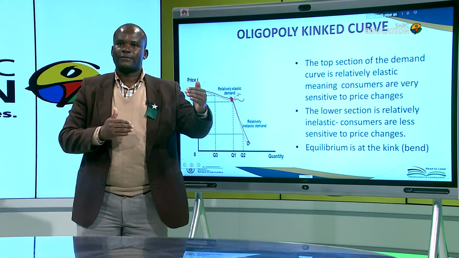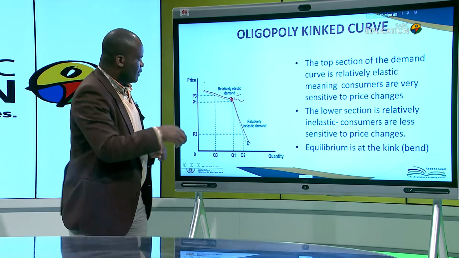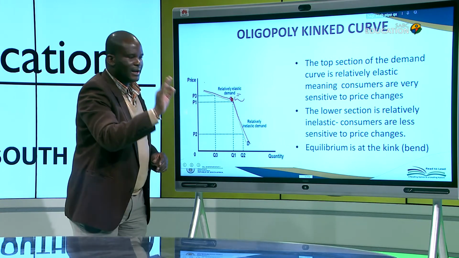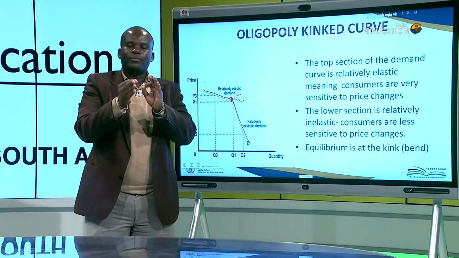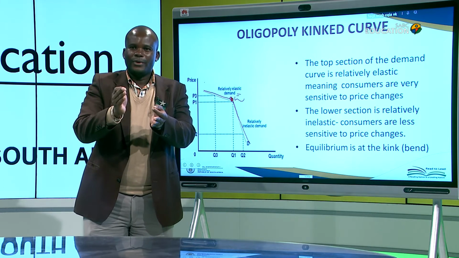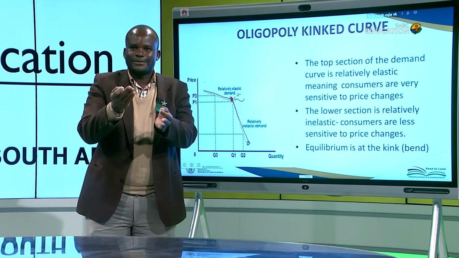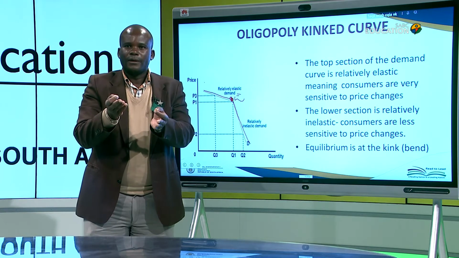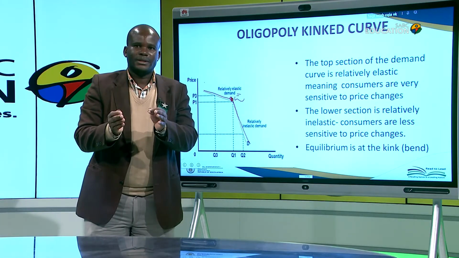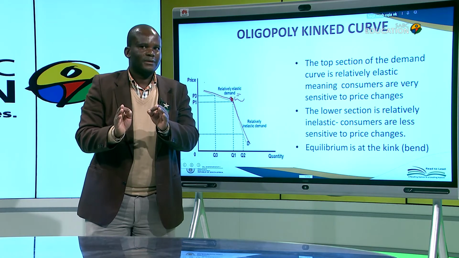They are responsive, they are sensitive. But this part of the demand curve, which is relatively inelastic, means that people are less sensitive to price changes. Even if you increase the price, people will continue to buy more or less the same quantities because they are not very sensitive.